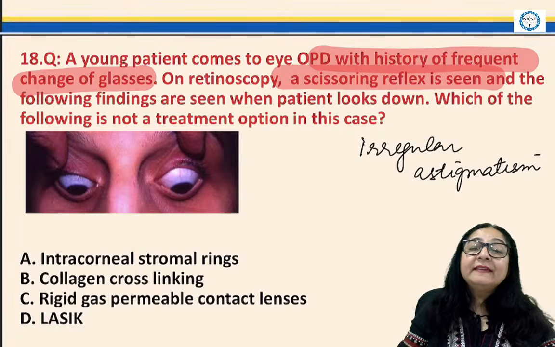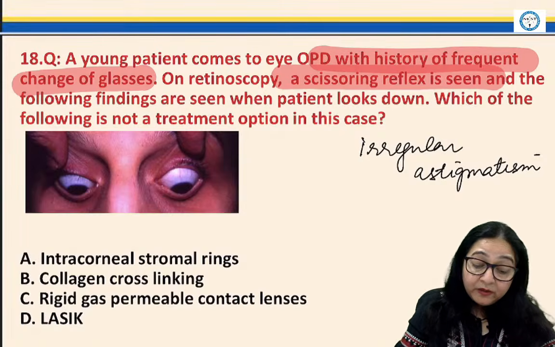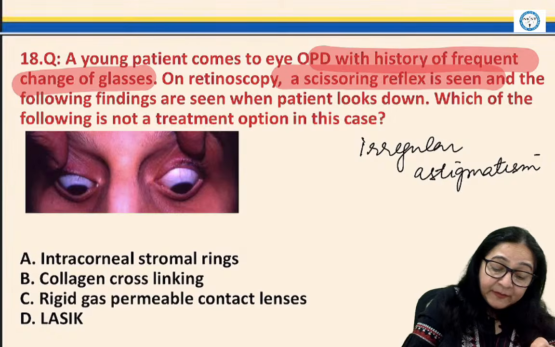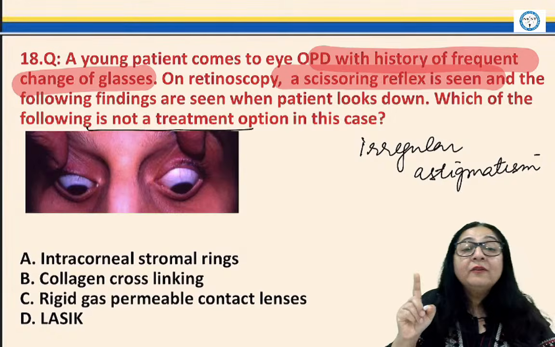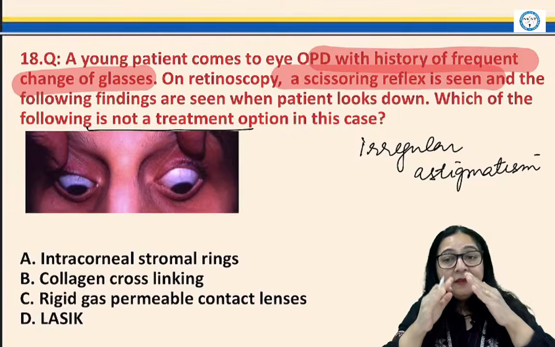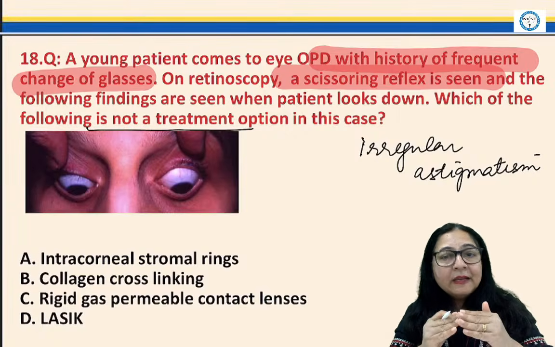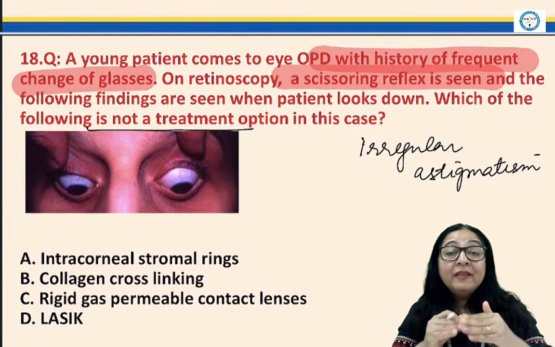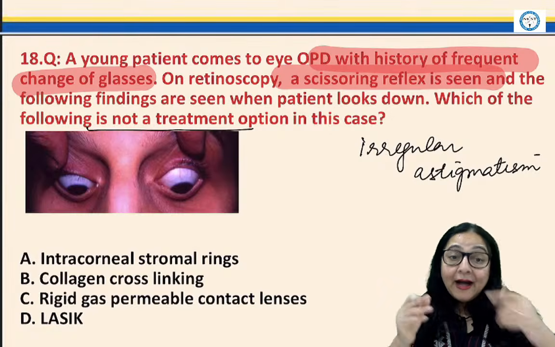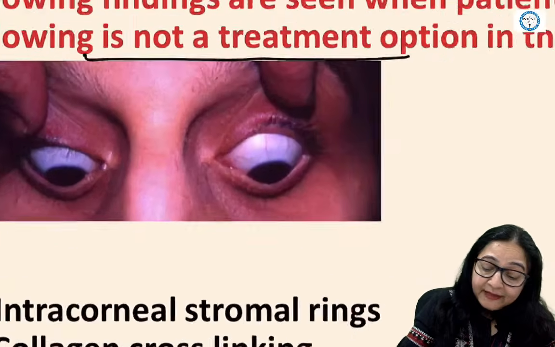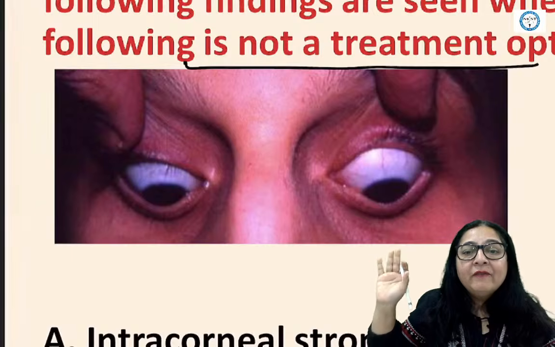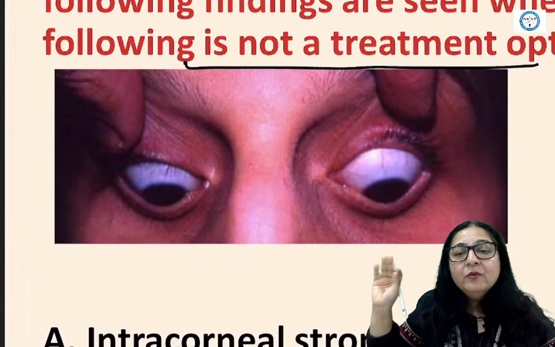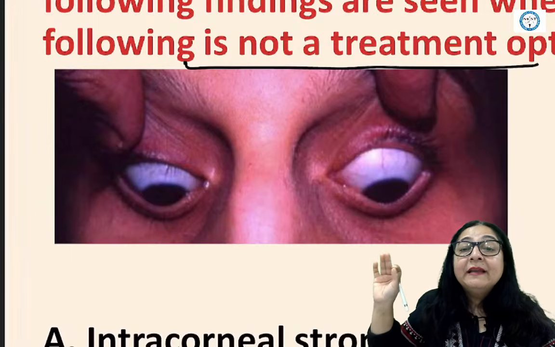Following findings are seen when the patient looks down. What is not a treatment option in this case? So the word 'not' is very important. Again, always read the last line of the question statement very carefully before jumping on to your answer, bache. So what you are seeing here, again, I am very sure every one of you can identify this particular sign.